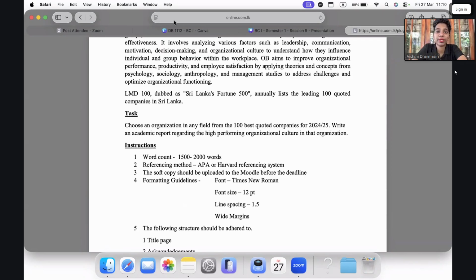Guys, please respond because I can't be talking into a void like this. You haven't been responsive at all today. Hello. Batch reps, are you all there?